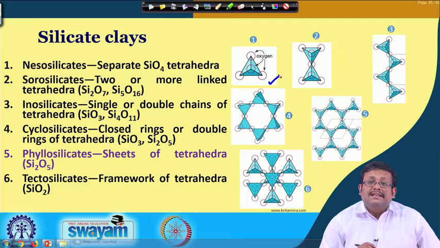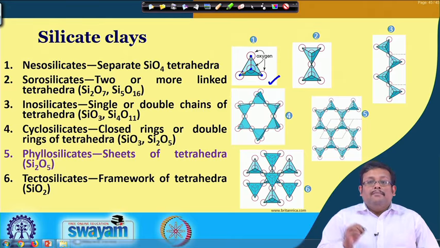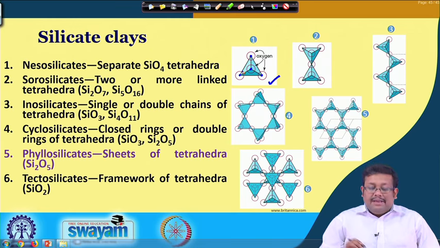Now the silica tetrahedra is basically composed of one silicon atom at the center, followed by 4 oxygen atoms at 4 corners, making a tetrahedral structure. So basically it is SiO4 or silica tetrahedral structure.